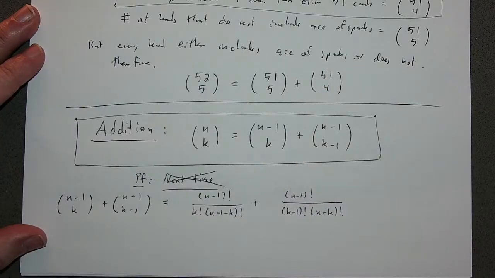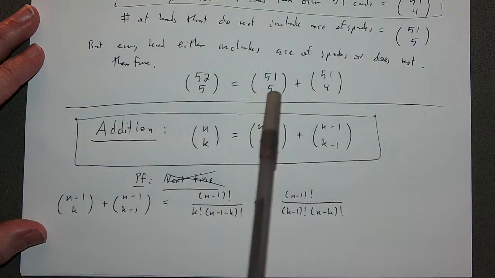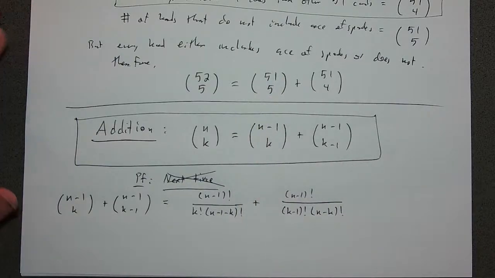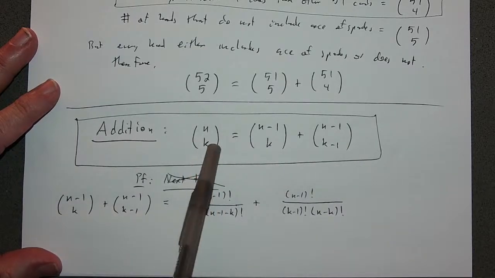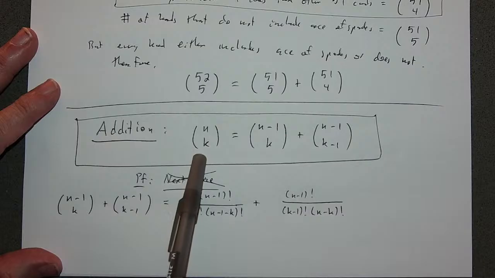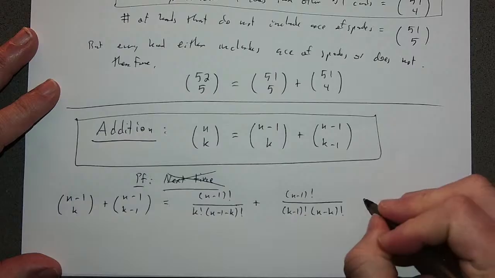This was basically noticing that a hand either has the ace of spades or doesn't, and we counted the number of ways it could have the ace of spades versus not, and this is where we got this pattern from in the first place. So maybe you know already what you're seeking. You know that the denominator of this is k factorial times n minus k factorial, and that's what you're trying to mimic. So in either case, let's do that.